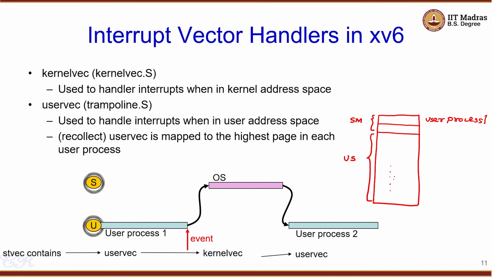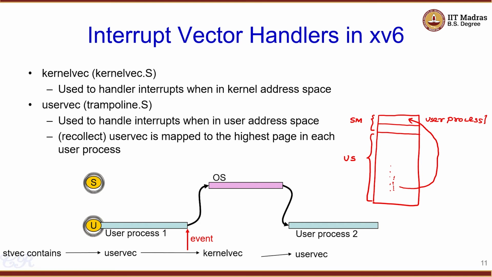Okay. So, we are now assuming that we are executing in the user mode, and during that time an event occurred. This event would switch the processor from the user mode into the supervisor mode.